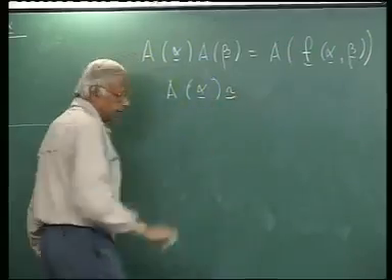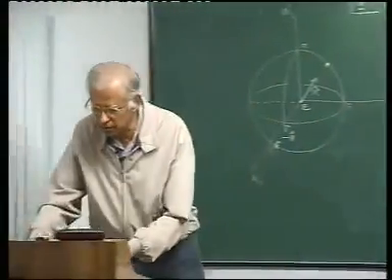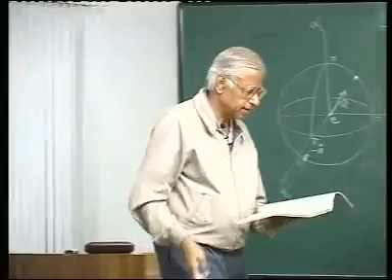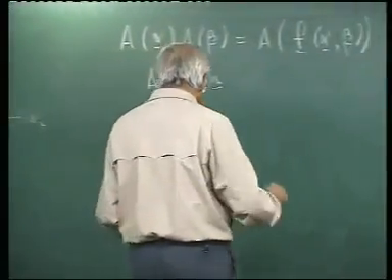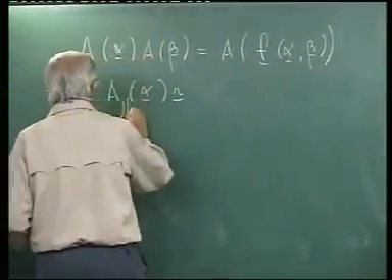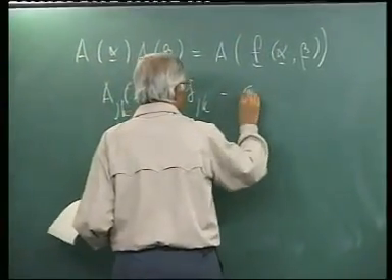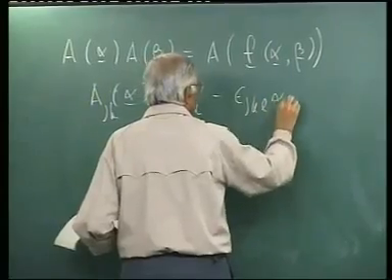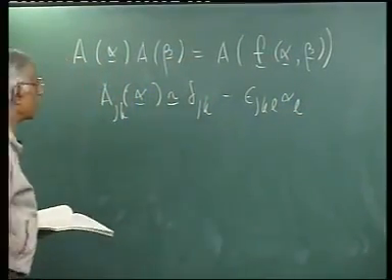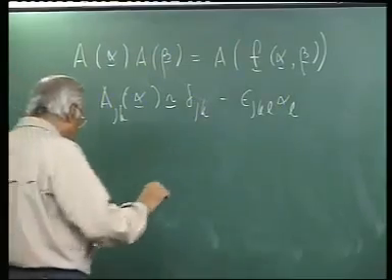Now I just want to calculate this for the rotation group in a limit, in a leading order. Suppose I look at rotations of small angle and I keep terms up to quadratic in alpha at the moment.